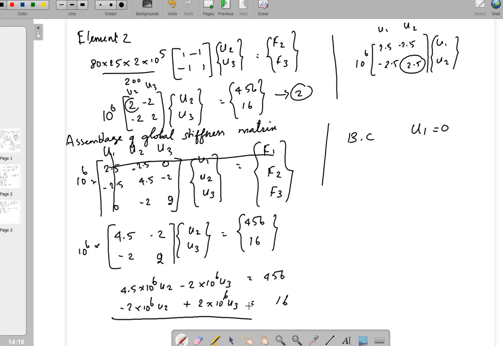So you can solve by cancelling this common term. 4.5 minus 2 is equal to 2.5 into 10 power 6 u2, which is 472.